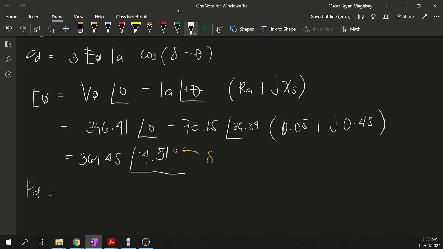Let us try kung makukuha natin si PD. So, ito yung formula natin for PD, lalo na pag meron tayong XS. So, this is 3 times E phase, 364.45. Tingnan natin kung tama nga yung binigay sa ating formula. IA is 73.15. So this is cosine sigma is negative 4.51 minus 36.87.